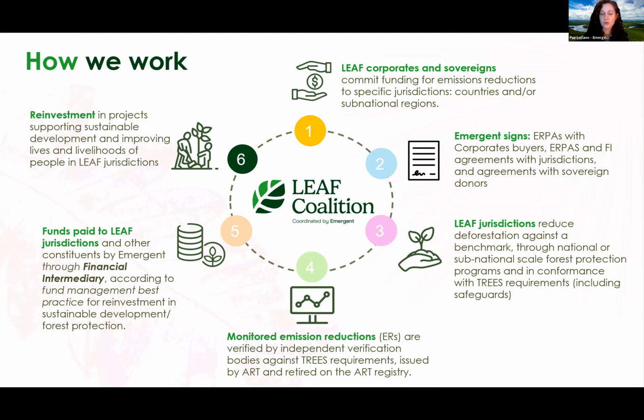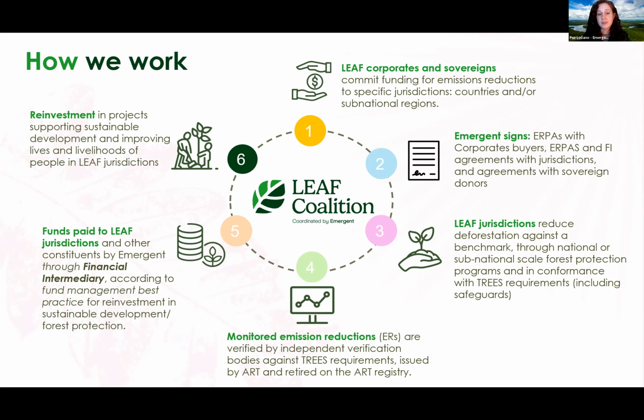Once sufficient demand for credits has been aggregated and there's a solid value proposition that we can provide to a jurisdiction, then we move into the phase of negotiating and ultimately signing an emissions reduction purchase agreement with both the corporate buyers and the jurisdictions who will be selling their TREES credits.